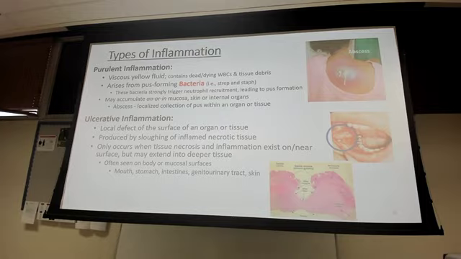But there are some things that can decrease that. H. pylori is a bacteria that can decrease the amount of bicarbonate and mucin that we make. We need our acid in our stomach, but if we don't have that protective layer in there, that acid is going to start damaging those cells in our stomach.